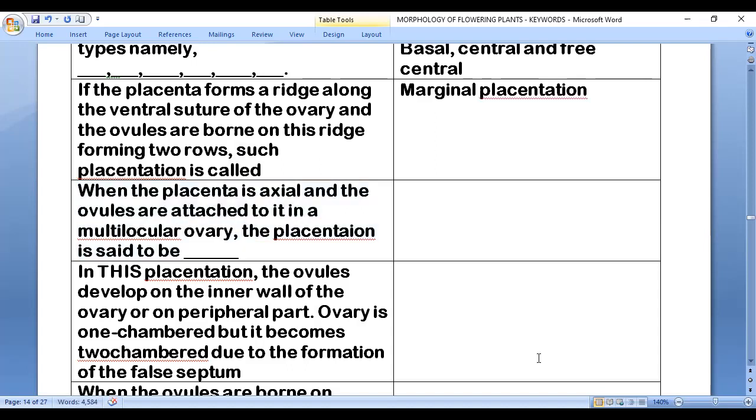When the placenta is axial and the ovules are attached to it in a multilocular ovary, the placentation is said to be axial placentation. In this placentation, ovules develop on the inner wall of the ovary or on the peripheral part. The ovary is one chambered, but it becomes two chambered due to the formation of a false septum. Parietal placentation.